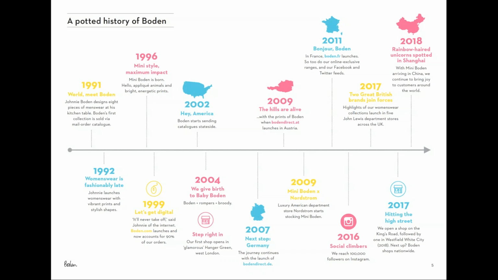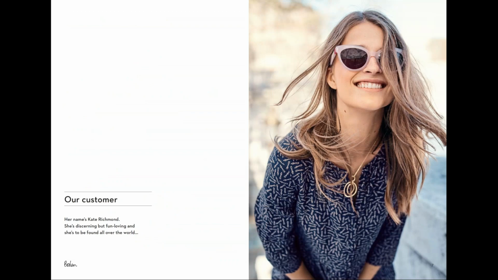Then we joined forces very recently with John Lewis, where you can find us in their concession, and also now in China. That is a marketplace through Tmall. So this is for a quick history.